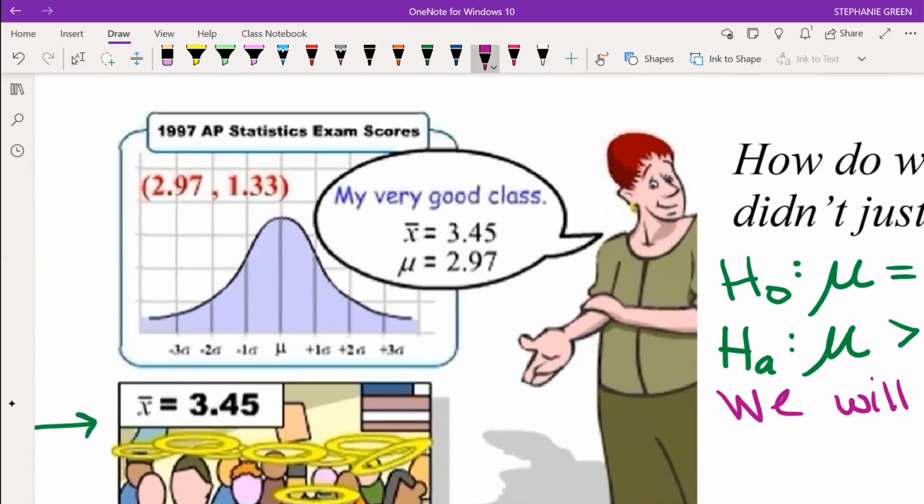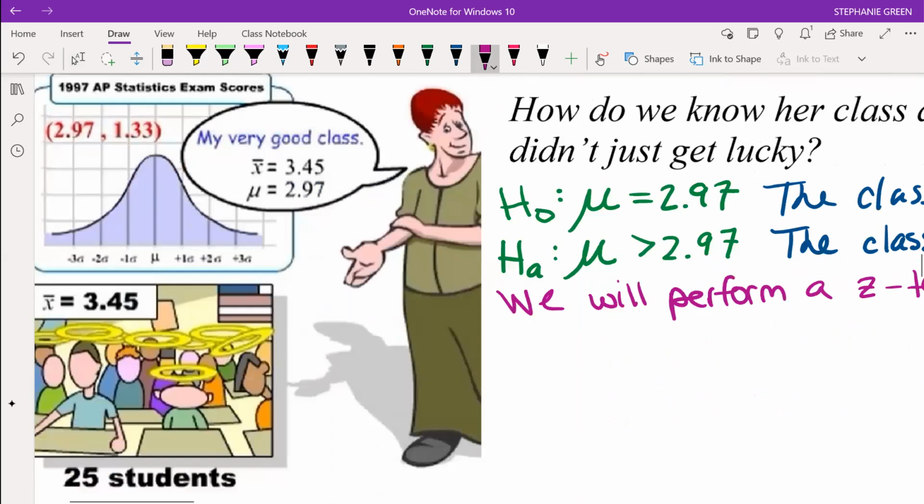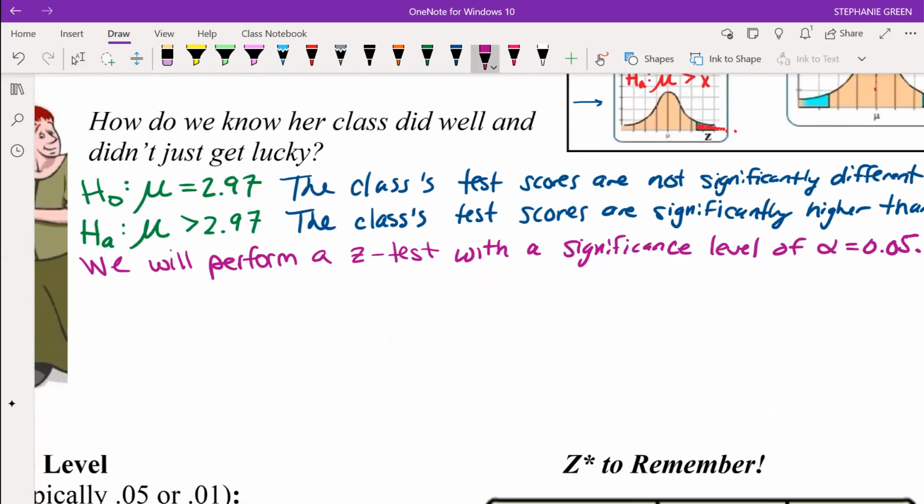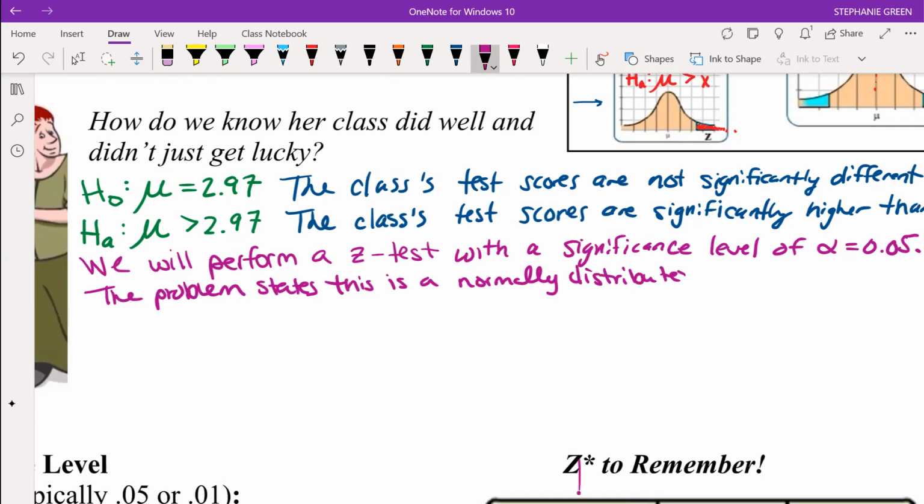So I'll say because the problem states this is a normal distribution. Okay, so there my condition is met. I wrote that down explicitly, and now we can go ahead and perform our z-test.